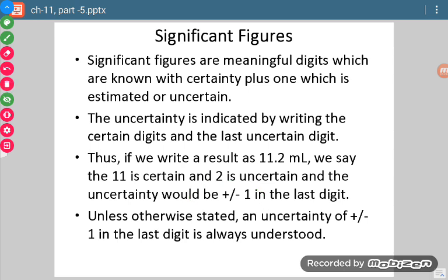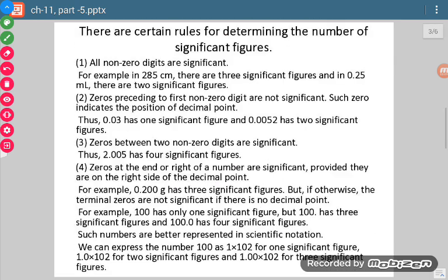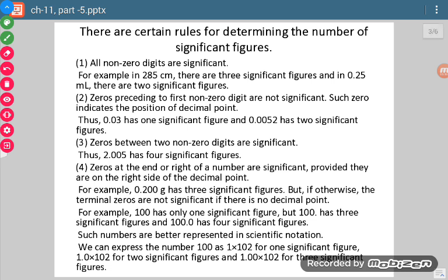Now let us check the different rules which we are going to apply if we have to report how many significant figures are there in any given observation. So there are 5 rules in all. Let us take the first one. First rule is all non-zero digits are significant.